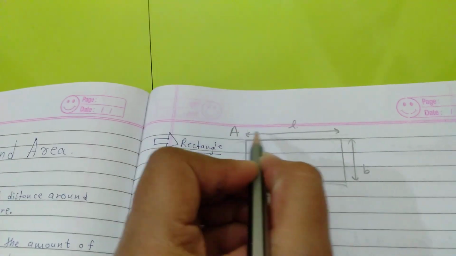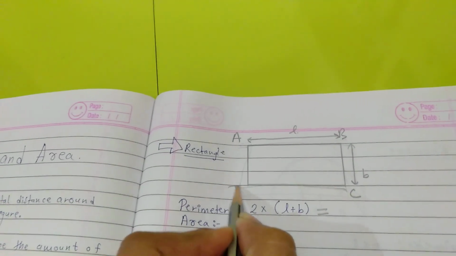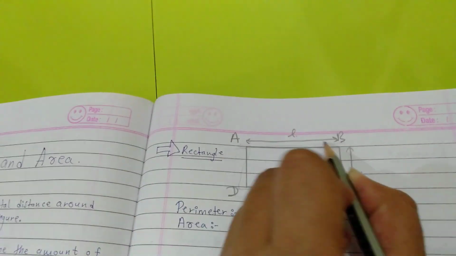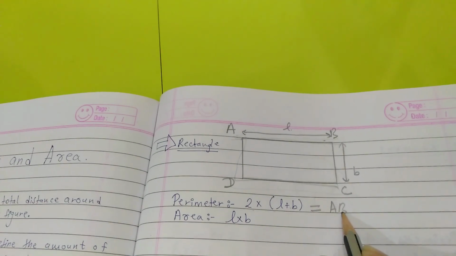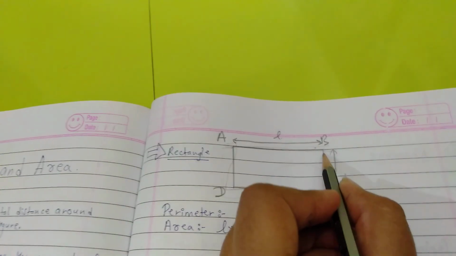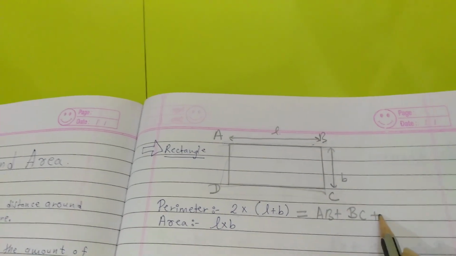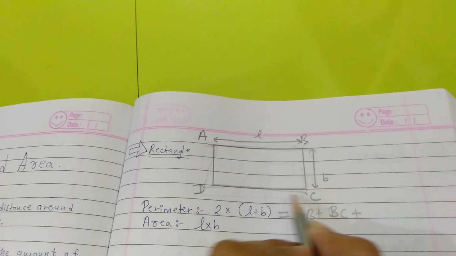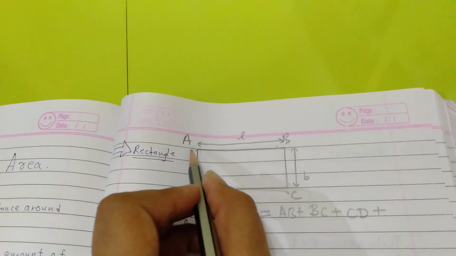We'll give names to the corners, A, B, C and D. The first one will be AB plus, we'll travel here, BC plus CD plus DA.